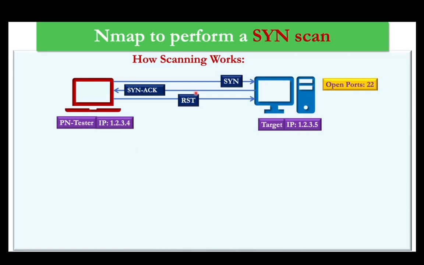The operating system running on the scanner also receives the SYN/ACK, which it doesn't expect because Nmap crafted the SYN probe itself. So the operating system responds to the unexpected SYN/ACK with an RST packet.